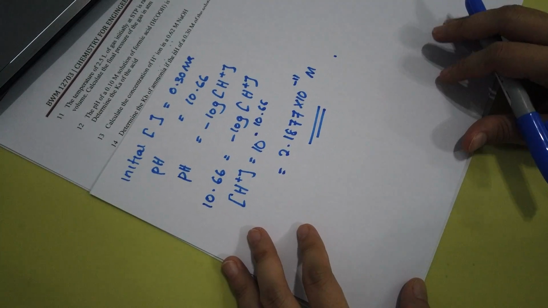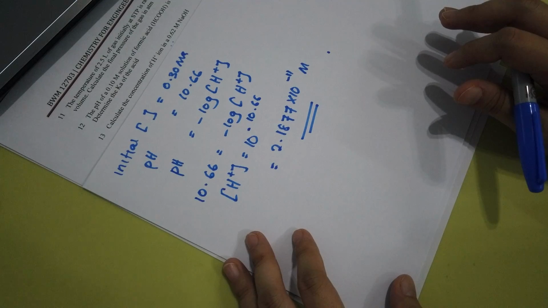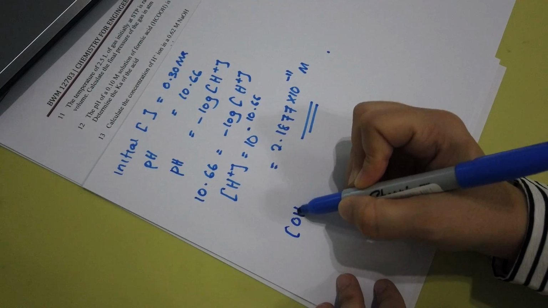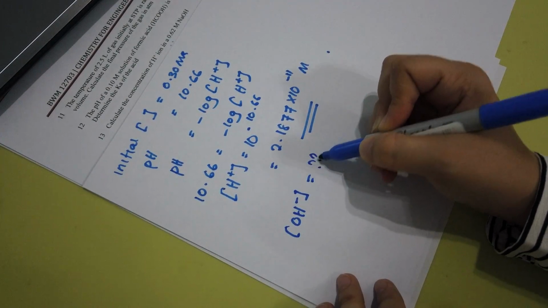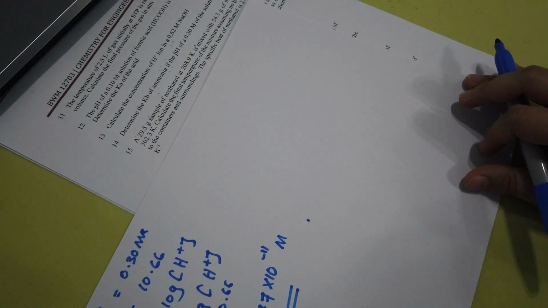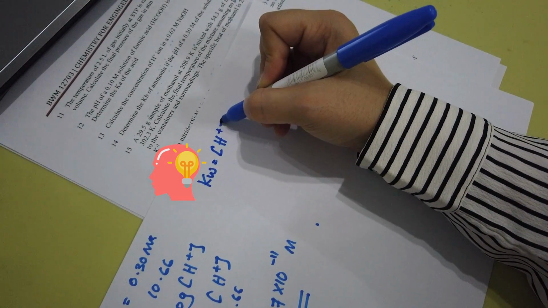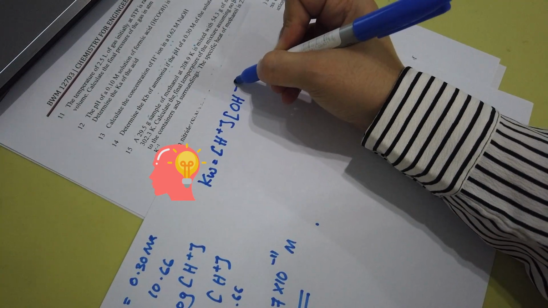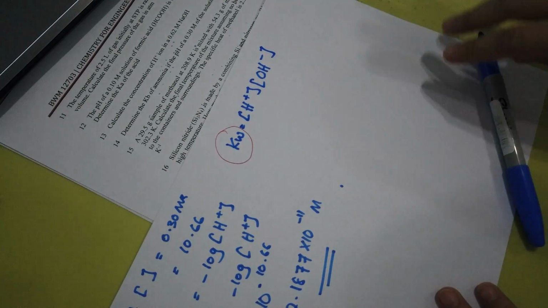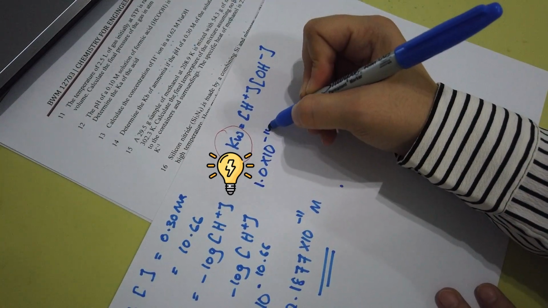Right. So now, since you are going to calculate the Kb, you actually need the concentration of OH minus. So how are you going to get this OH minus? Same like the previous question, you need to use the Kw. So Kw is equivalent to concentration of H plus times concentration of OH minus, where Kw is a constant value, which is 1.0 times 10 to the power of negative 14.